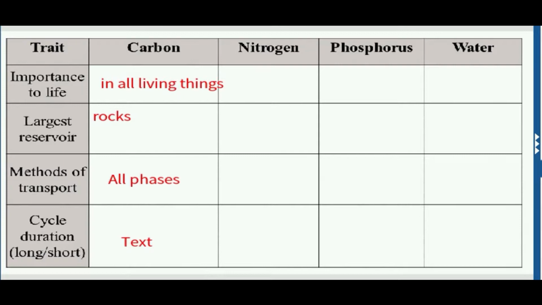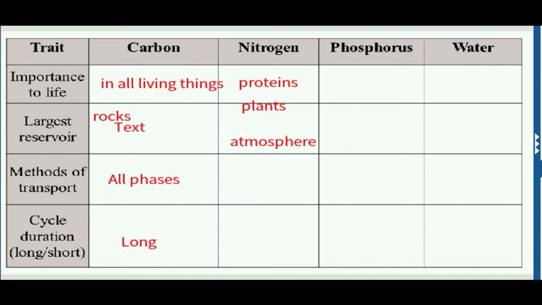Nitrogen is in proteins, like in DNA, things like that, and plants also need nitrogen a lot. The biggest reservoir of nitrogen is the atmosphere.